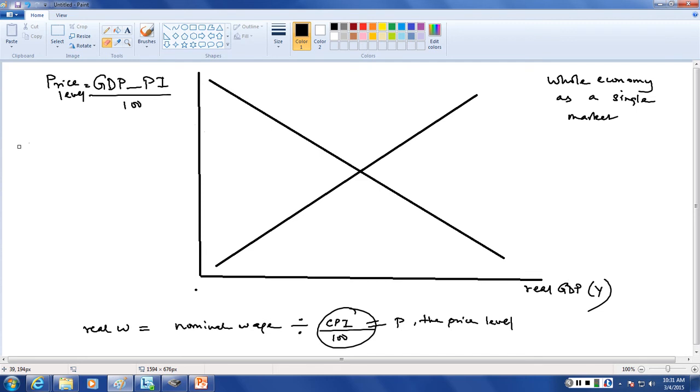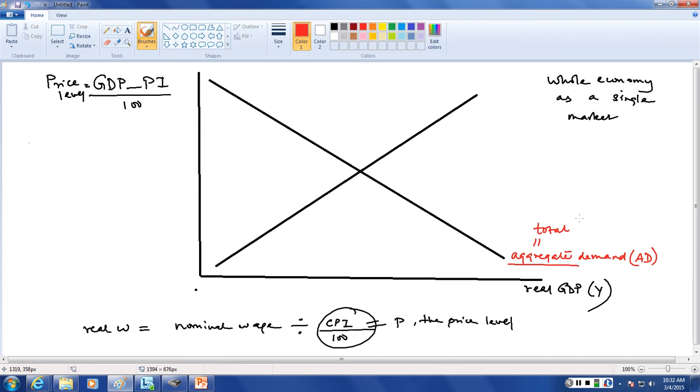This demand curve that we have here, we are now going to give a name to, and we are going to call it aggregate demand, or AD. The word aggregate stands for total. So this is like total demand, demand for all final goods and services.